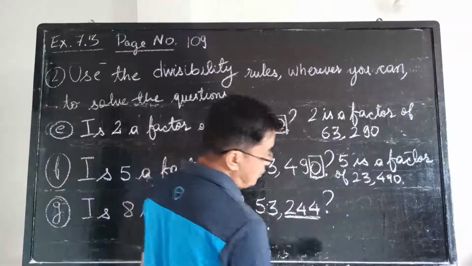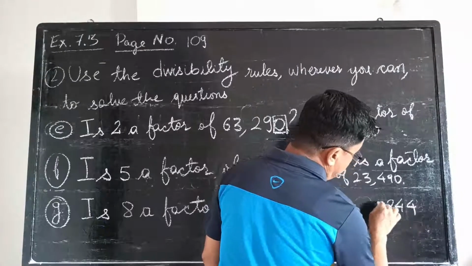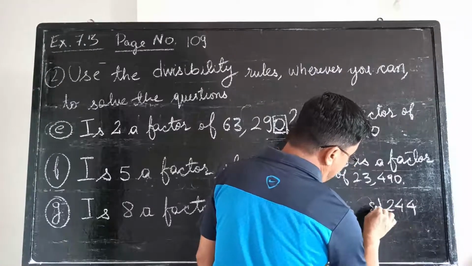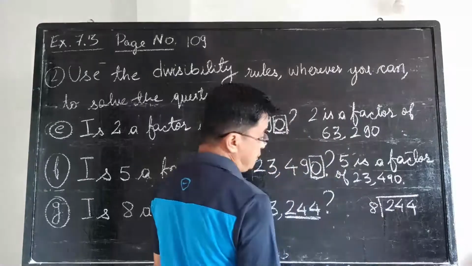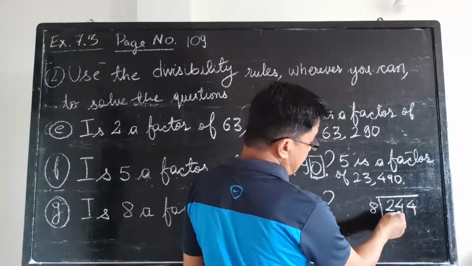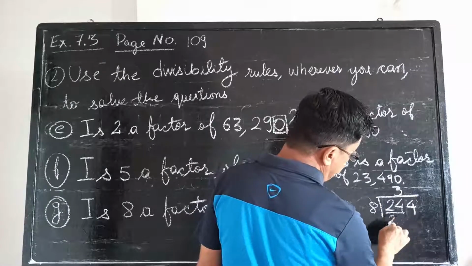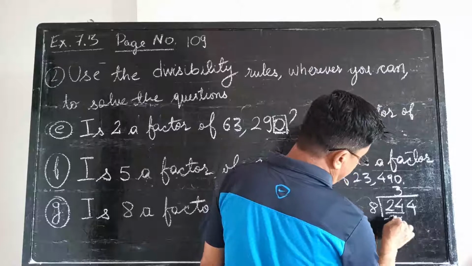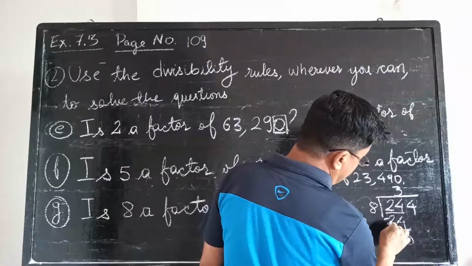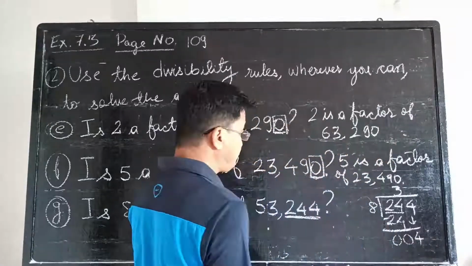Now, here 244 divided by 8. Now 8 will not take 2 because 2 is smaller than it. We have to take 24. 8 3s are 24. Now 4 minus 4 is 0, 2 minus 2 is 0.